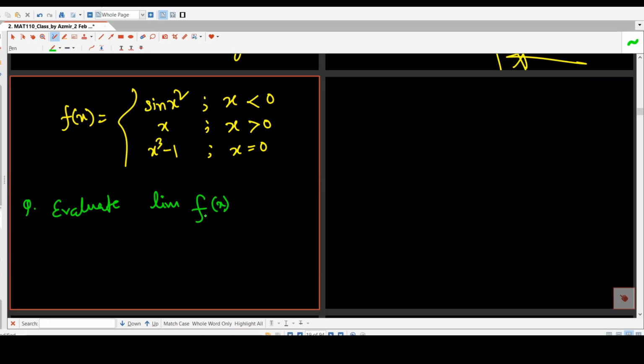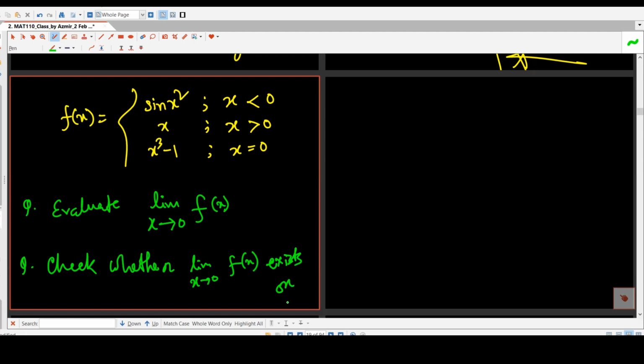So we have to evaluate this limit when x is approaching 0. The same question can be written in an alternative way: check whether the limit x tends to 0 of f of x exists or not.